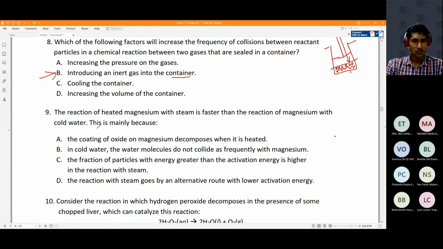Question number 9. It says the reaction of heated magnesium with steam is faster than the reaction of magnesium with cold water. This is mainly because why it is faster, right? The coating of oxide on magnesium decomposes when it is heated.